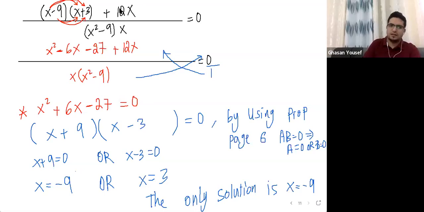Why? Because the other answer is undefined. It is not an answer for this equation. This one is correct after you plug it in. Makes sense? Any question for this example?